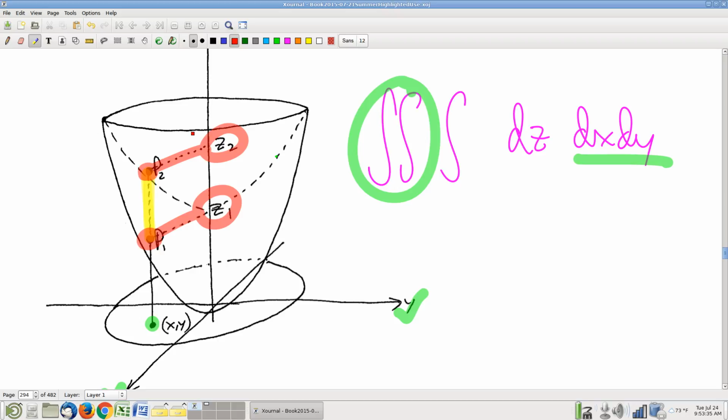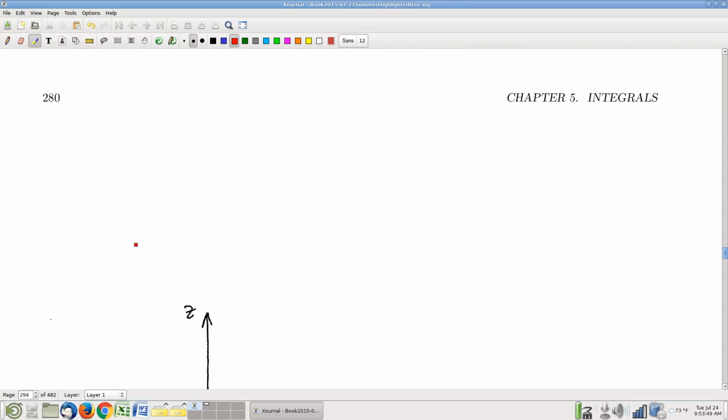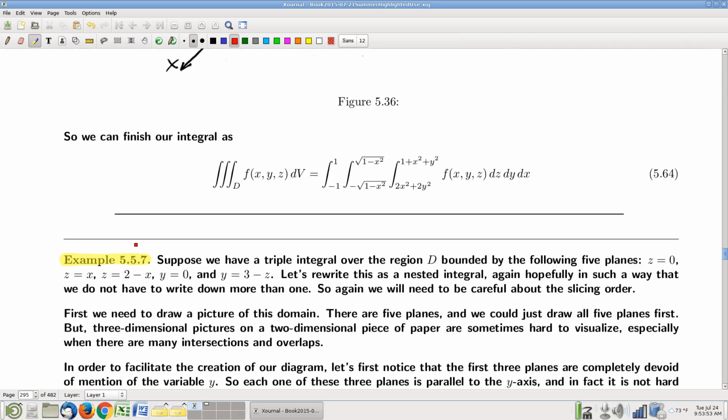Those z's have already been solved for, and so those bounds are easy to find. So these bounds here are going to come straight from these equations. So that's one of them, and that's the other. Do keep in mind which surface is on top and which surface is on the bottom, and the integral ends up to be this. So again, the x and y bounds came from looking at the projection, and then the z bounds came from looking at the solid. Yeah? Good?